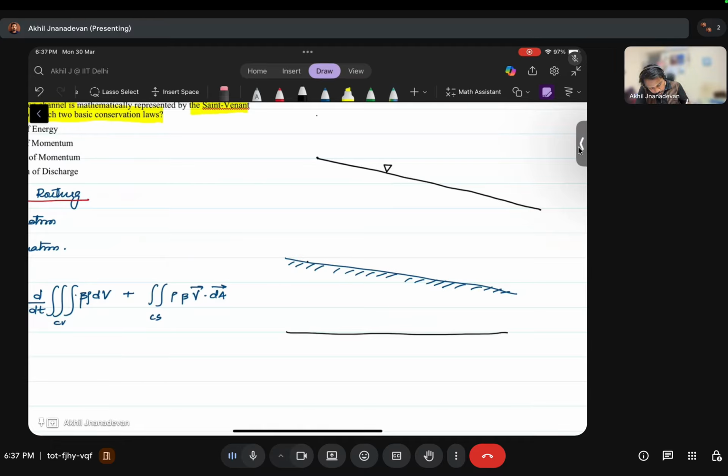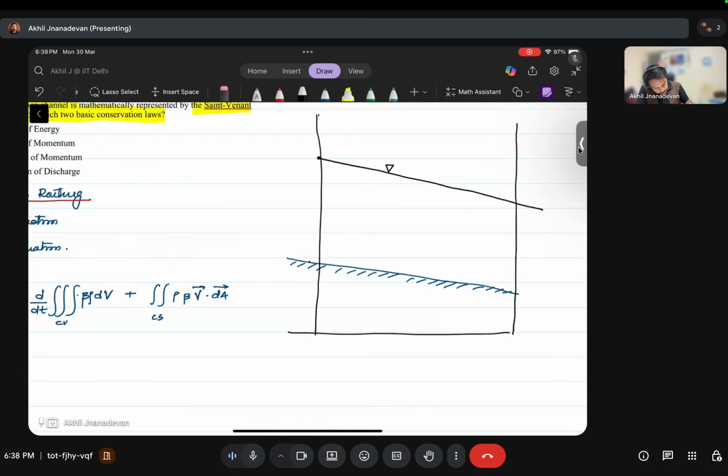If you consider 2 points, one point is over here and the other point over here, this yellow shaded region is our control volume.